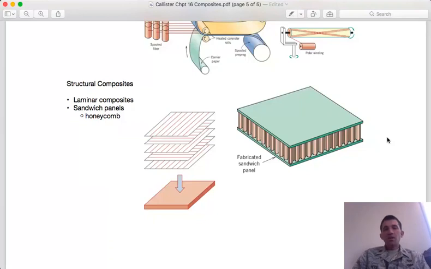So again, composite materials are an effort to combine different classes of materials intelligently to end up with a material that has the best of both worlds, or at least a combination of properties that you couldn't get inherently in any one material system or material class.